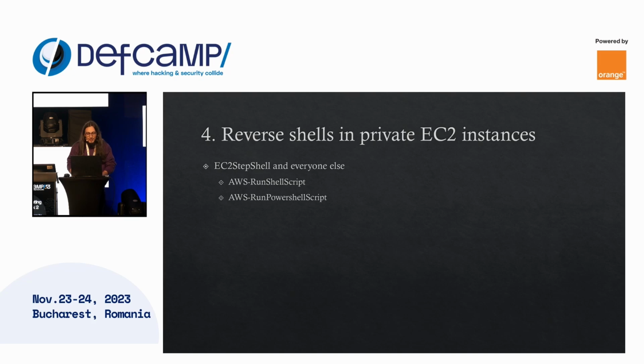Now, let's add more restrictions. So EC2 Step Shell and everyone else are using 2 known documents for running system commands. The documents are AWS-RunShellScript and AWS-RunPowerShellScript. But what if you encounter a policy that will not allow you to use exactly these 2 documents?